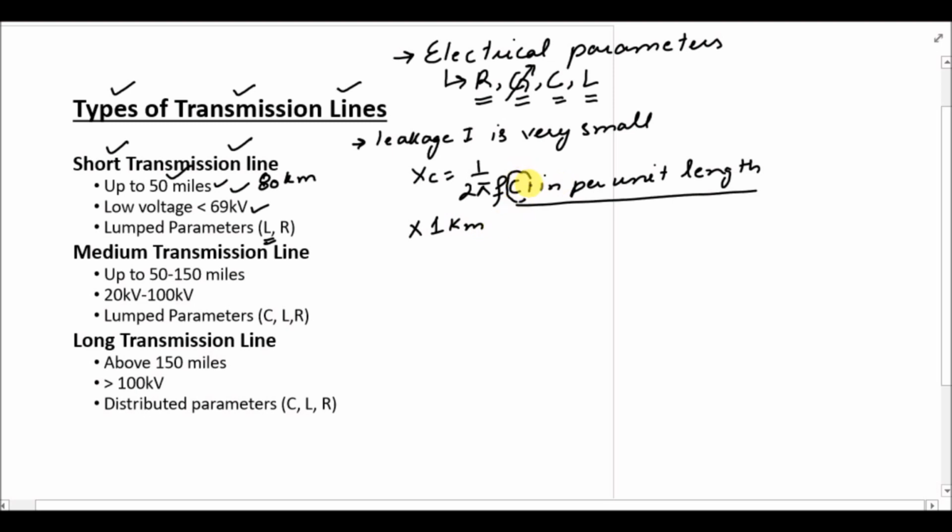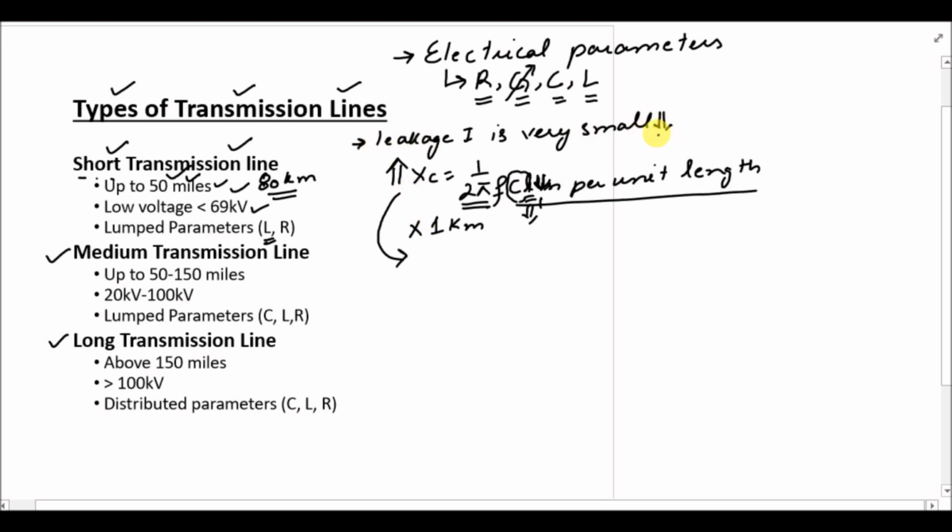So there is a variable L here, which is actually the length of the line. The denominator term will be smaller in case of a short transmission line because the length is smaller in comparison to medium and long transmission lines. If the denominator term is decreased, the Xc value will increase, and if the capacitive reactance value is larger, then the leakage current is smaller.